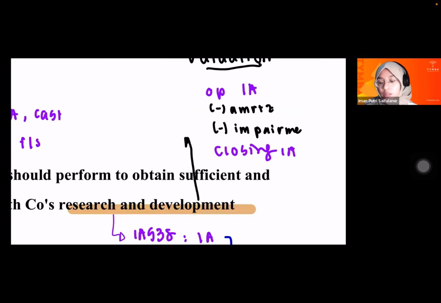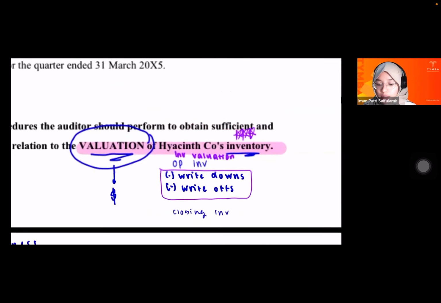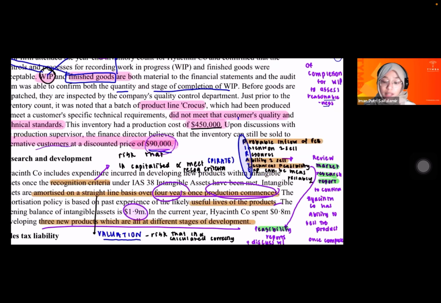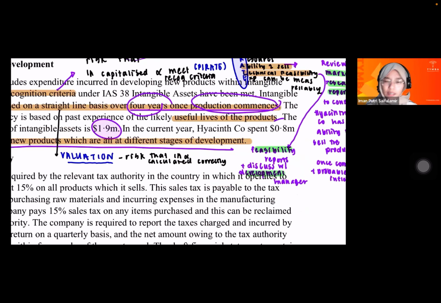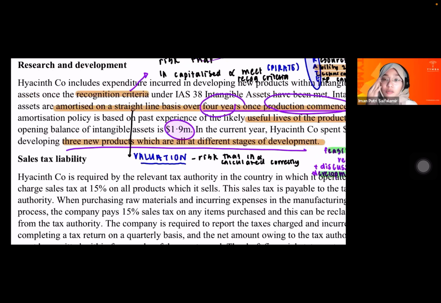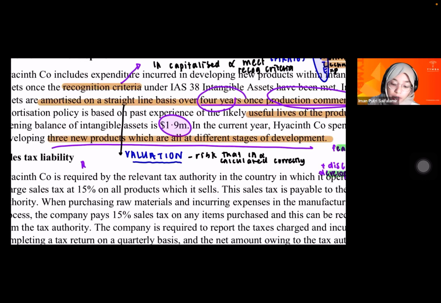But usually we focus more on the amortization. So going back to the scenario, there is a risk that the amortization has not been calculated correctly. So what can we do? Whenever there is a calculation that may not be calculated correctly, we can recalculate the amortization charge.